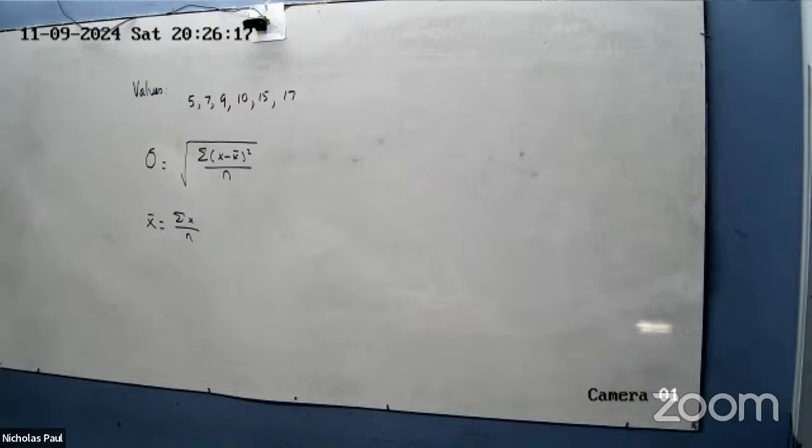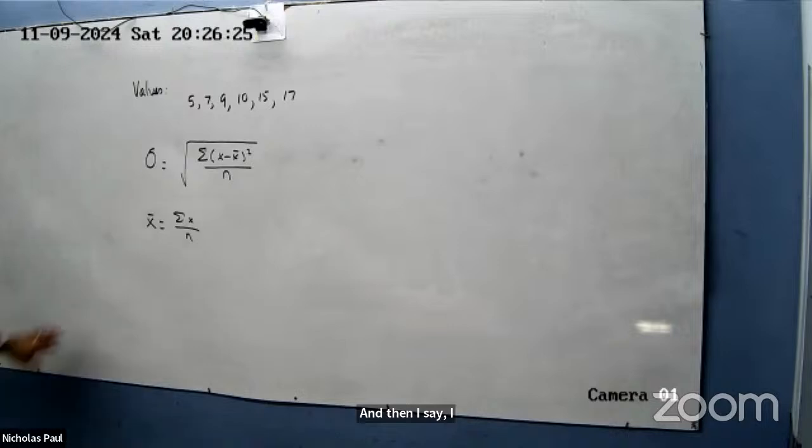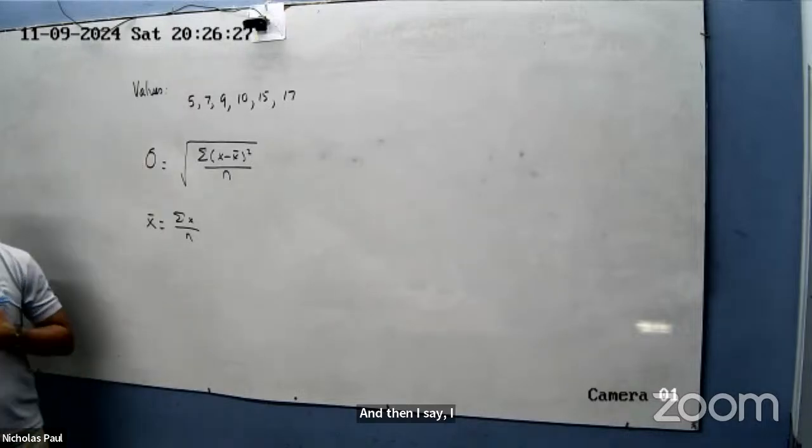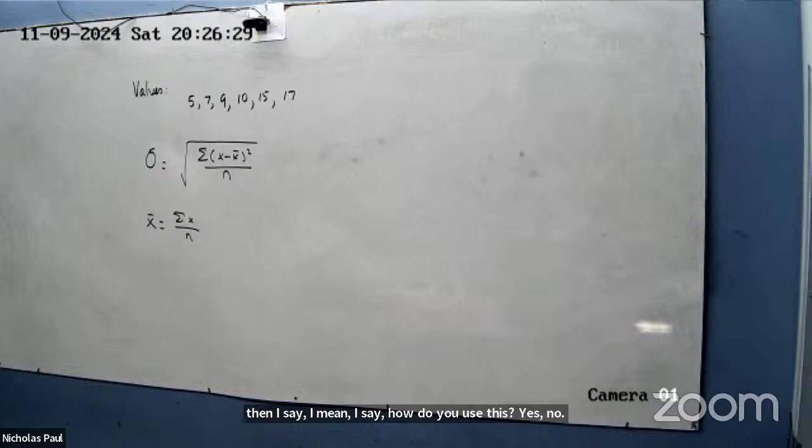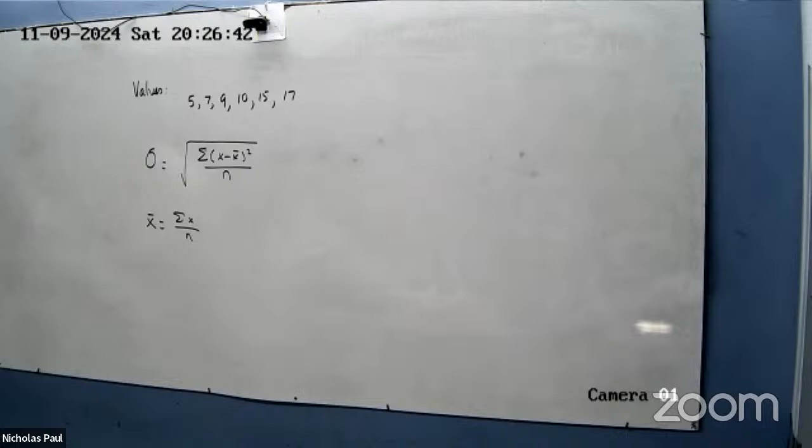Then take the x and the mean in the bracket, because again, we have something that's squared. I'm going to show you how to use this just now. Add it up and then divide by n.